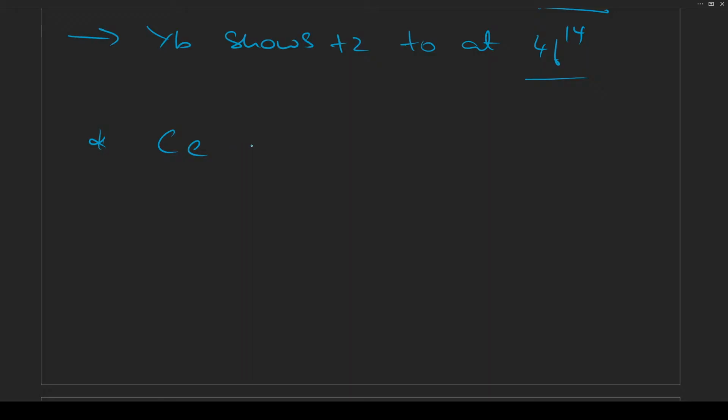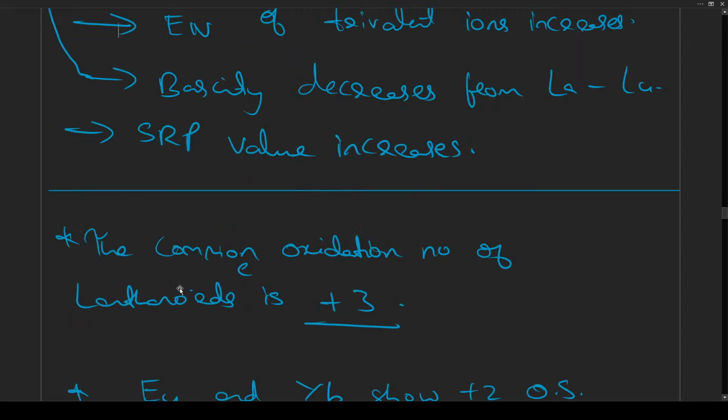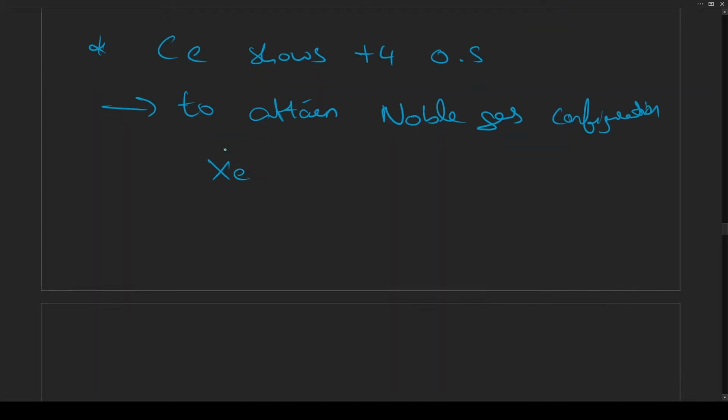Cerium shows +4 oxidation state, because to attain here also electron stability, to attain noble gas configuration, xenon configuration, that is xenon 4f0. Yeah, 4f0.